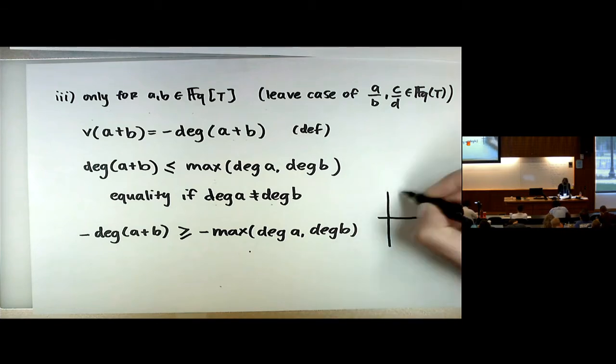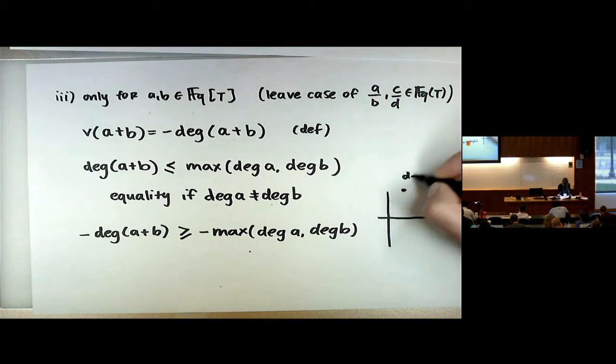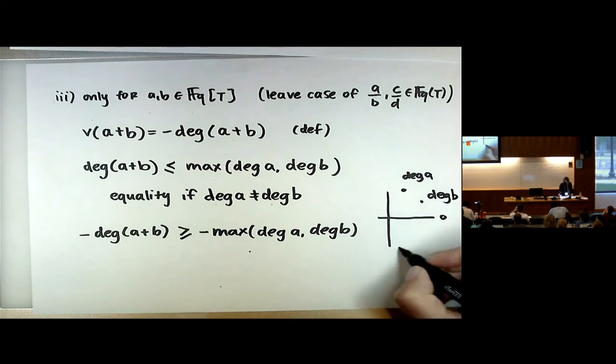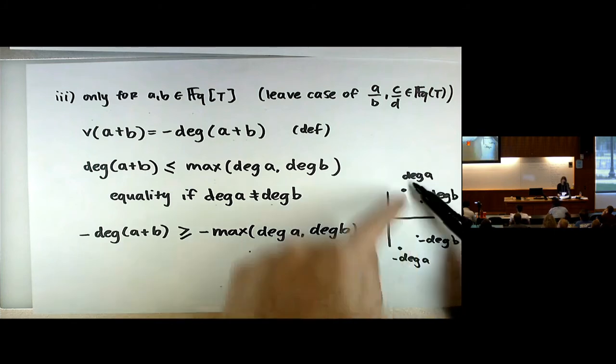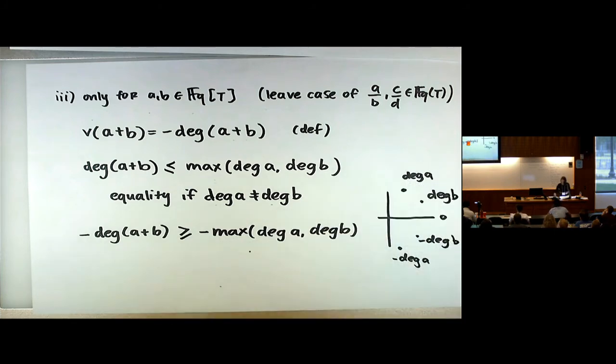That's 0. And I was like, okay, say the degree of A is bigger and the degree of B is smaller. Then minus the degree of A would be down here, and minus the degree of B would be there. So this is my max, and this is the minus of the max.